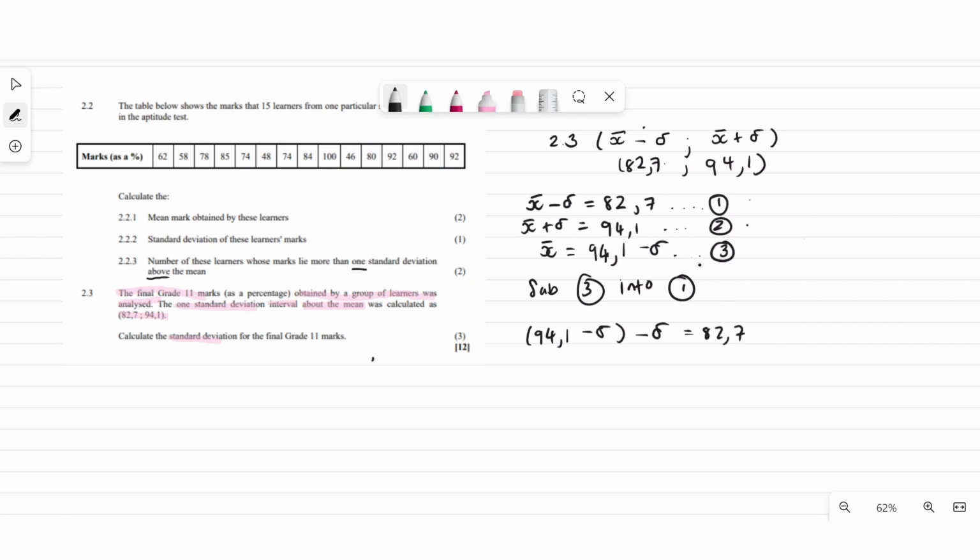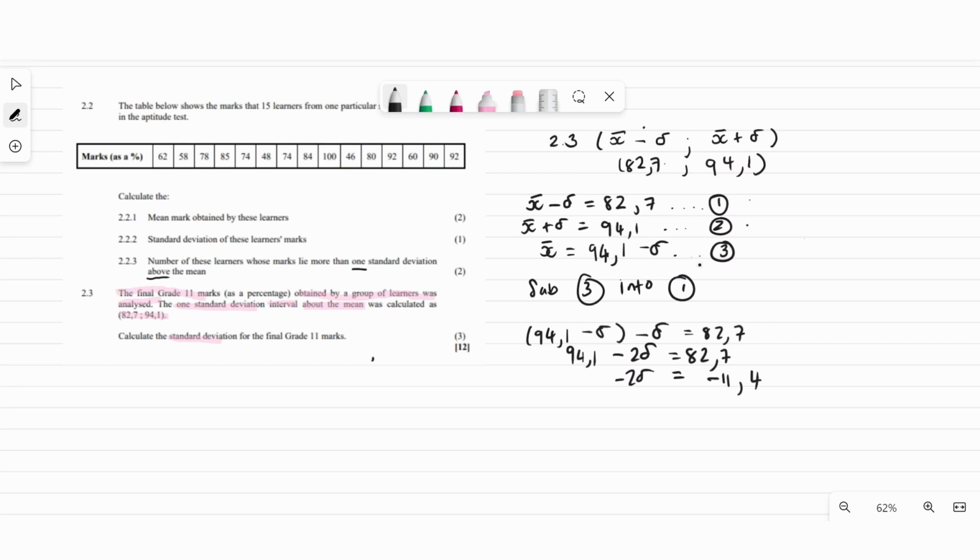Then simplify this, meaning group like terms: negative standard deviation and negative standard deviation give negative 2 standard deviation. So it's 94.1 minus 2 standard deviation is equal to 82.7. Take that 94.1 to the other side, so you have negative 11.4.